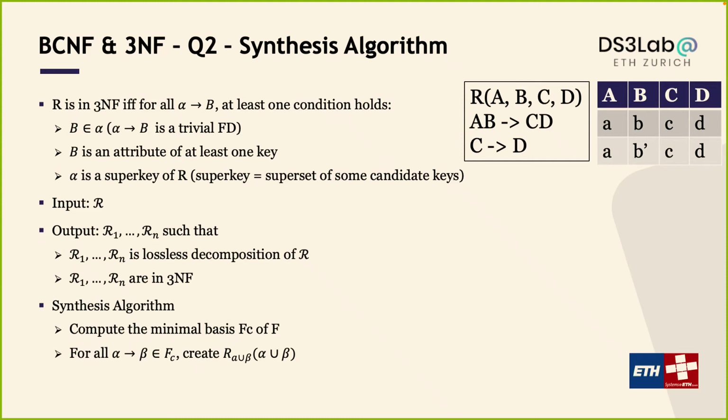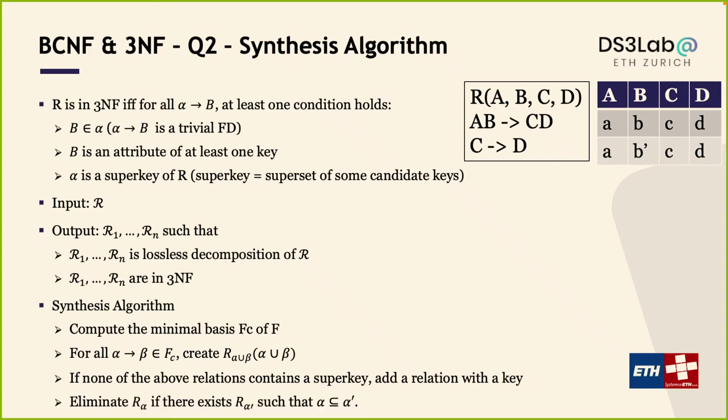Assuming you have alpha to beta in the minimal basis, then you create a new relation containing both alpha and beta. And then, if none of these relations that you created contains a superkey of the original relation, you create a new relation with a key.